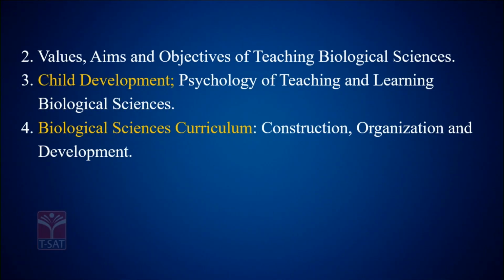The second topic given in the syllabus is values, aims, and objectives of teaching biological sciences. So, what kind of bits or questions can we expect from this topic? They can list different objectives. For example, the objective of teaching biological sciences is to enrich their intellectual awareness about the environment, can be one option.